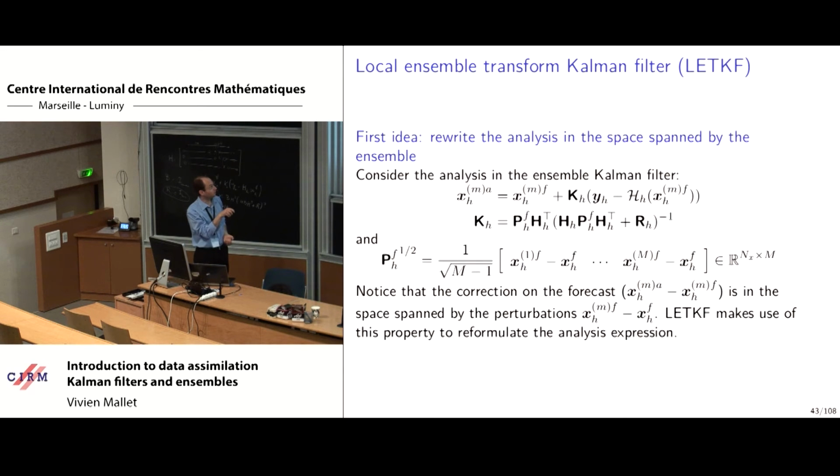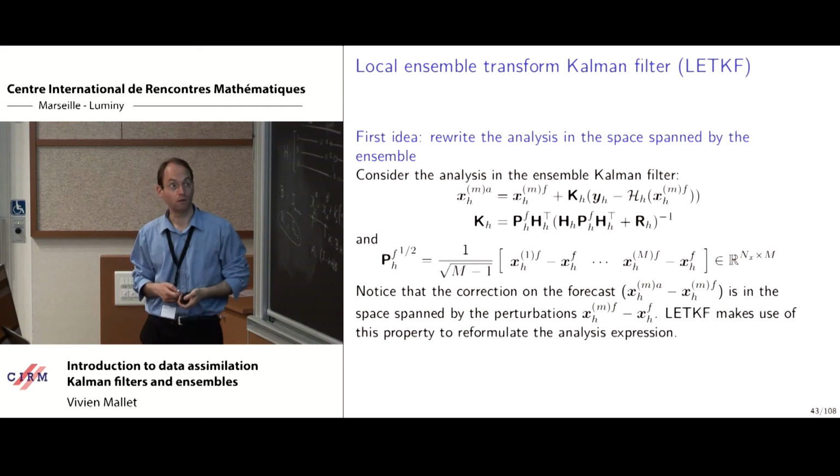As a consequence, everything here, that correction KH, which starts with that P transpose inside P, KH times the rest, is in the space spanned by the ensemble members. Because the result here, K times Y minus HX, lives in the space spanned by all the columns you have here. Essentially these are the departures with respect to the ensemble mean, but okay.